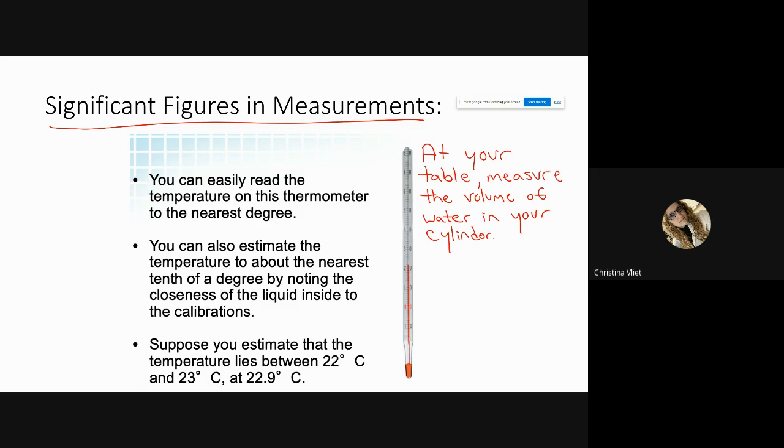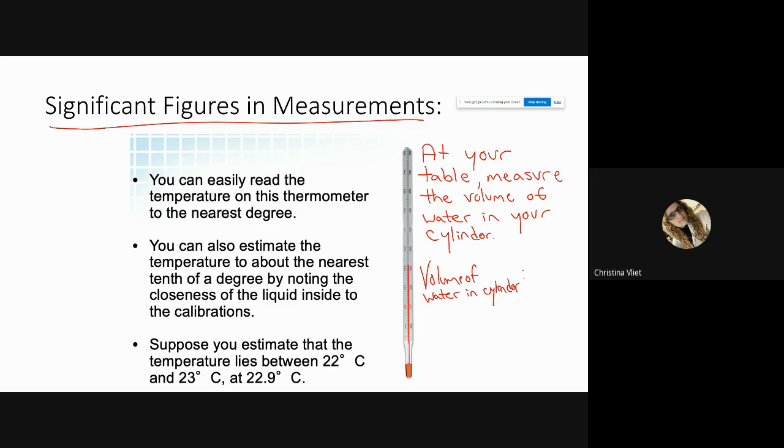So when you're done writing the title, look at your cylinder at your table. It has some water in it. Write down what you think the volume in your cylinder is. You don't all have the same amount, by the way. Read your cylinder and how much water you may have.